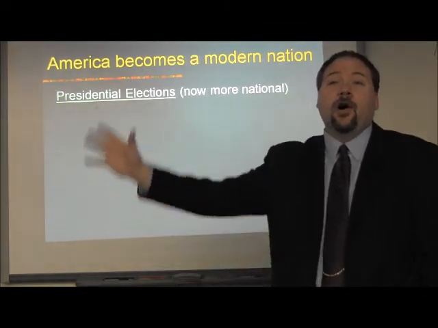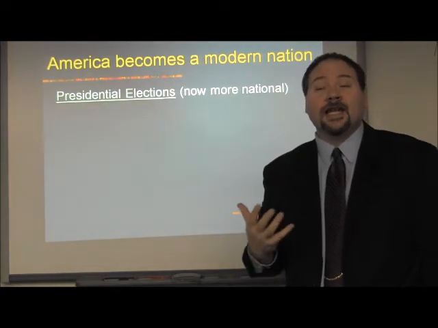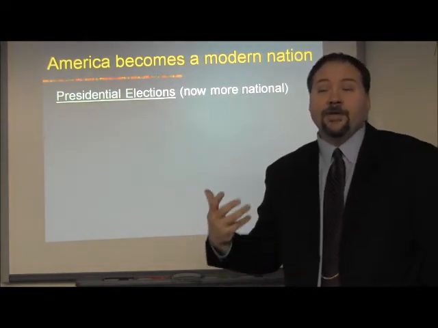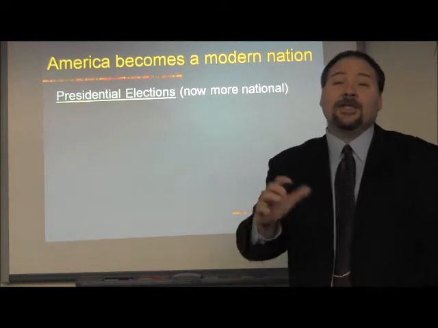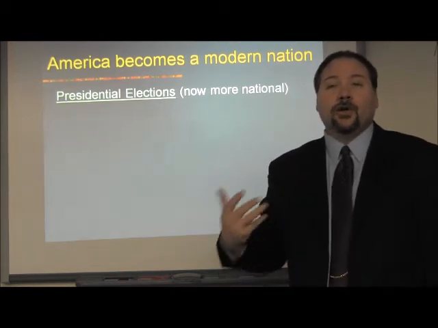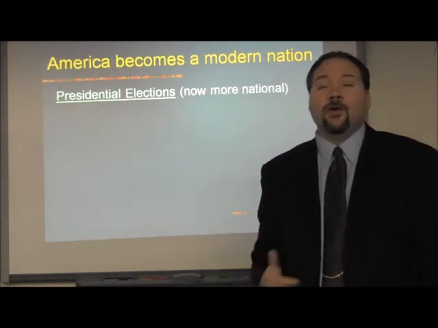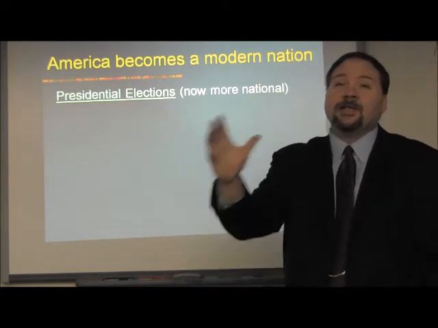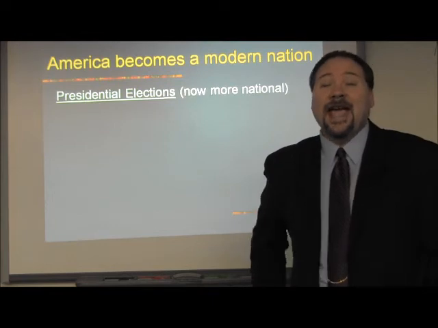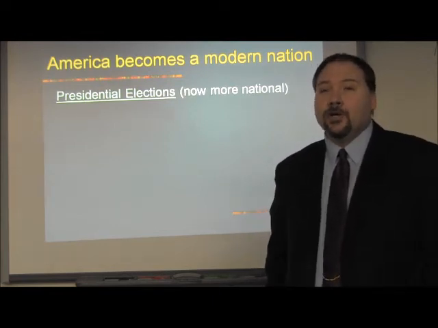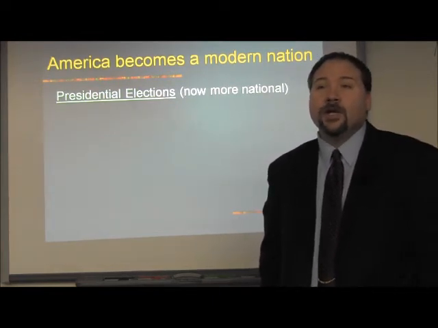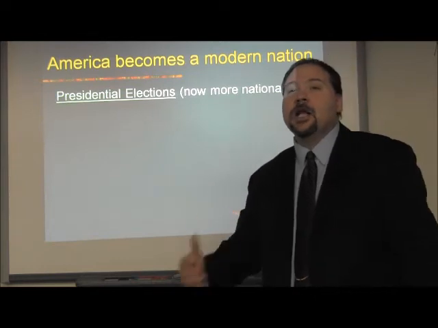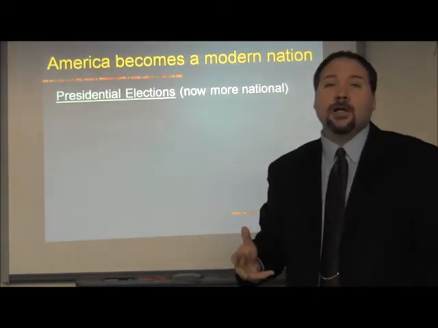You have to bring all the regions together in order to get enough electoral votes or enough support to win. That was different than before. Before, in the early years when there were only 13 or so states, you could win with just a handful. But now as the country has expanded and more states are added, you have to garner support from more than just one region, like your home region. You have to appeal to people around the country.